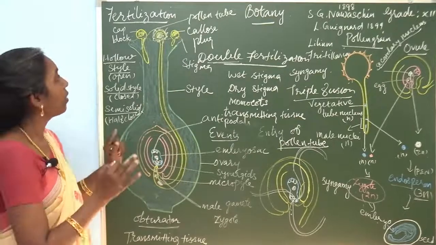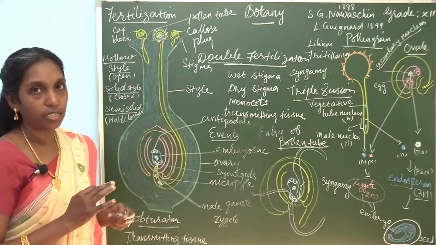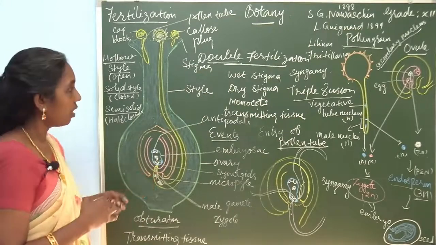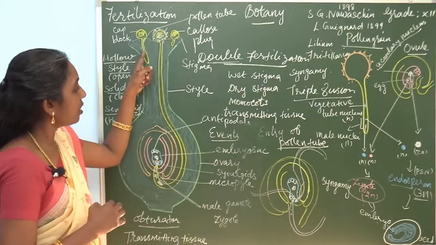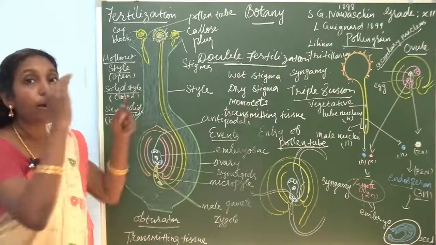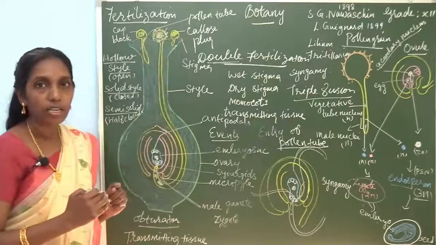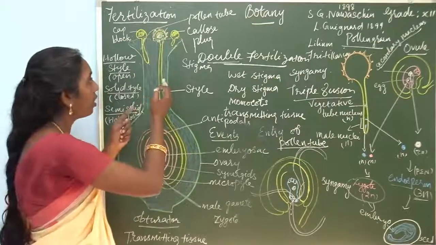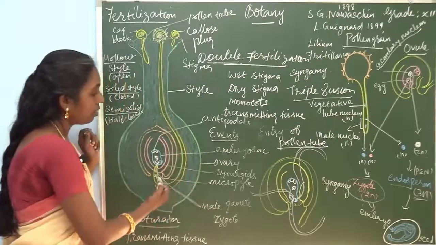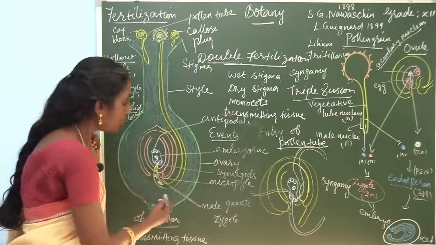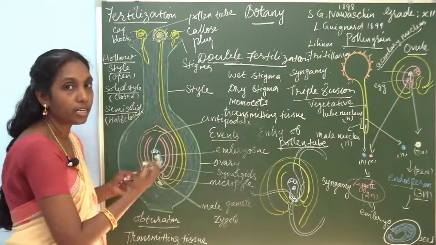So this is the entire process, the event of fertilization. Just recall the events of fertilization. The first event is the deposition of the pollen grain on the stigmatic region and germination of the pollen grain, growth of the pollen tube and entry of the pollen tube and discharge of the contents.